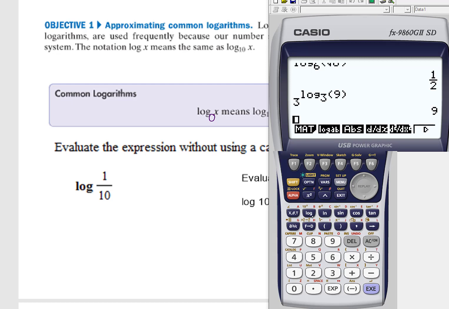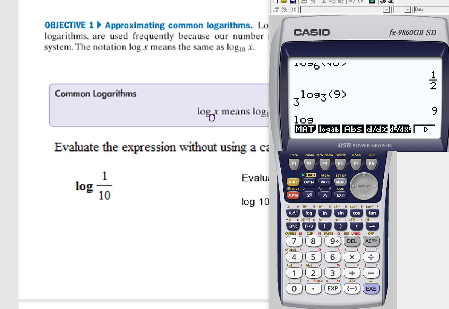And in your calculator, you will see a button that just says log. So notice this button next to the X. When I press it, it just gives me a log. If you use that for other logs besides the common log, you won't get that box next to it. I wouldn't have been able to enter log base 3 of 9 or log base 6 of 36.